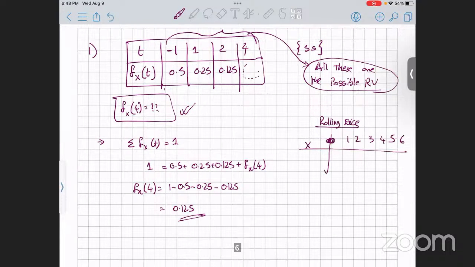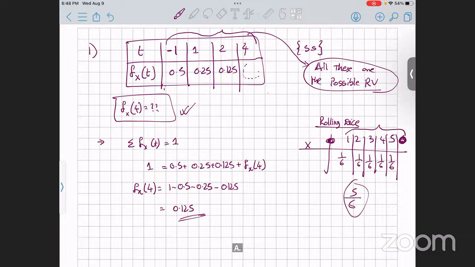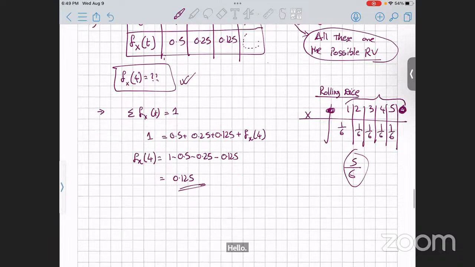But if you skip 6 and write only up to 5, with probability 1 by 6 each, if you add all these you will only get 5 by 6. You have to add all the possible probabilities of the random variable. You should not leave anyone. Did you understand this?